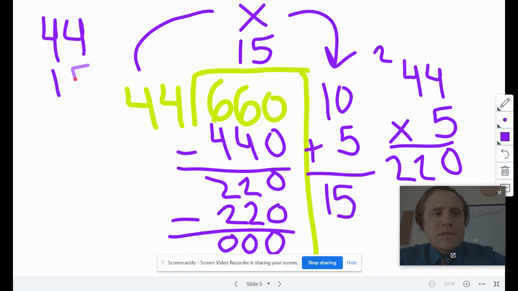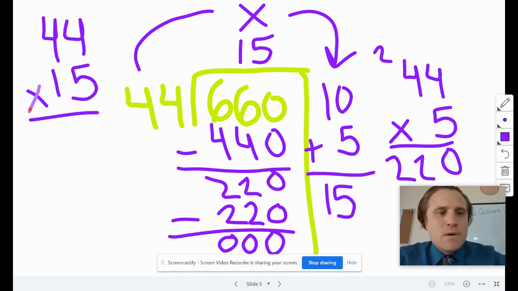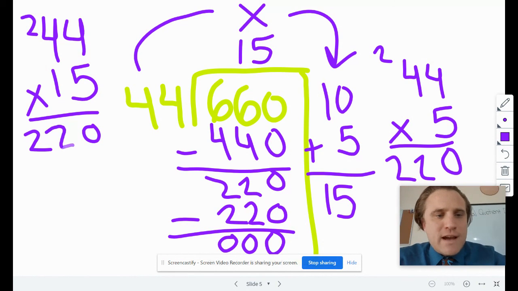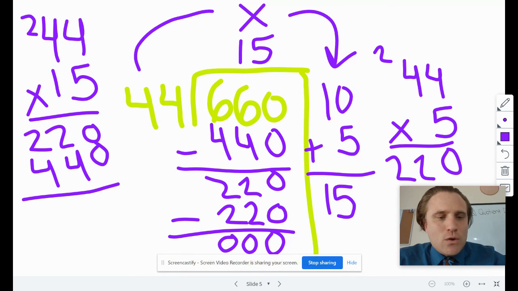44 times 15. 5 times 4 is 20. 5 times 4 again is 20, but we have a 2, so we have to add that, 22. Move in for place value. 1 times 4 is 4. 1 times 4 is 4 again. And that's a 0. I know it looks like an 8 now, but that's a 0.